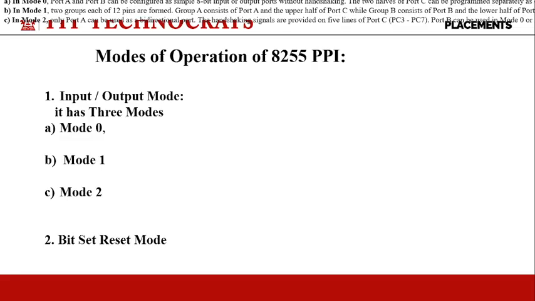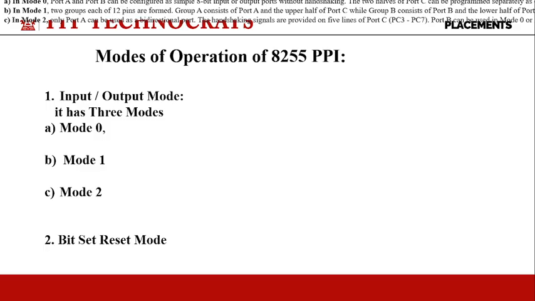independently. Now in case of mode 1, when we want to use port A or port B for handshake input or output operation, we initialize those ports to operate in mode 1. That is, port A and port B can be initialized to operate in mode 1.